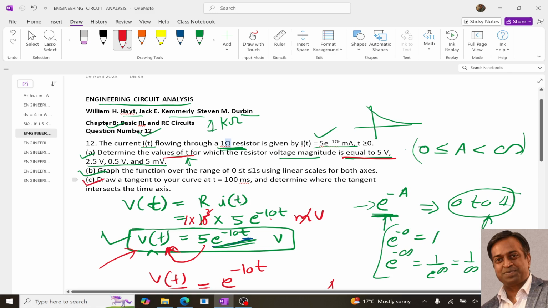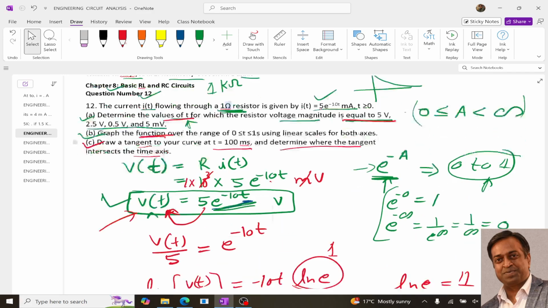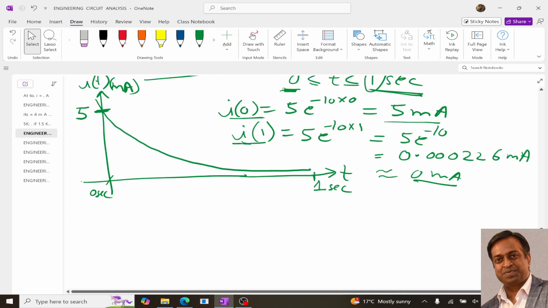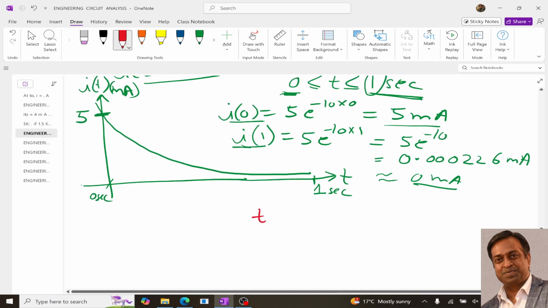Now the third part says that we need to draw the tangent to this particular curve at t equals to 100 milliseconds. So we will plot a tangent at this point, t equals to 100 millisecond, and then we need to determine where the tangent intersects the time axis. So it means that for this graph, t equals to 100 milliseconds means 0.1 second.